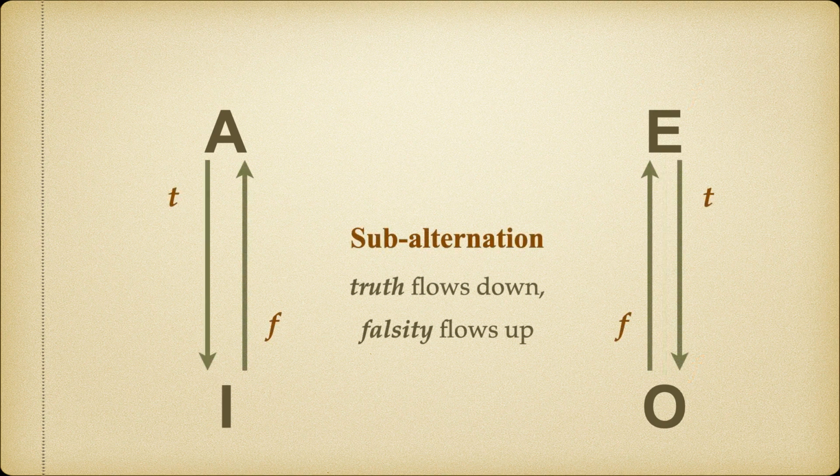But the falsity of that particular claim is, like so much hot air, always going up. It always rises. So if a particular is false, the universal of the same quality will also be false. This is the subalternating relationship. It's a two-way street, or it presents bidirectional truth value depending on where we start.